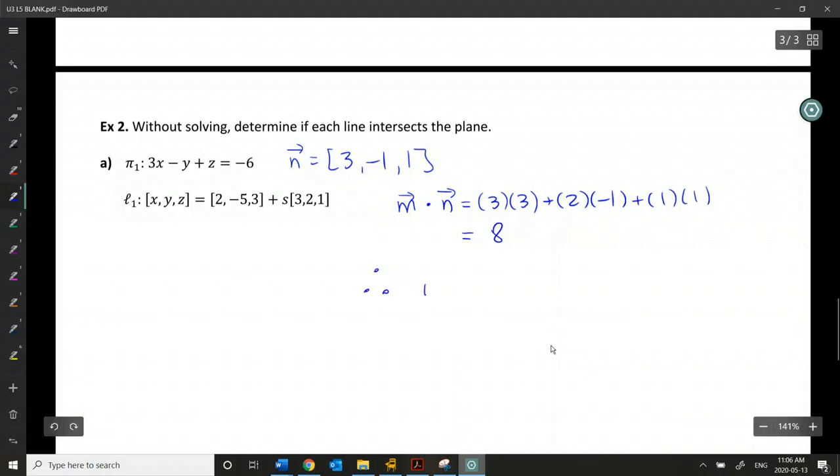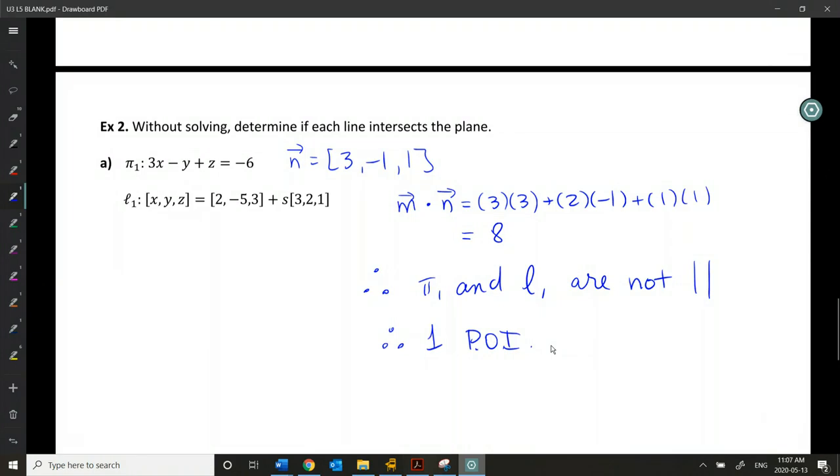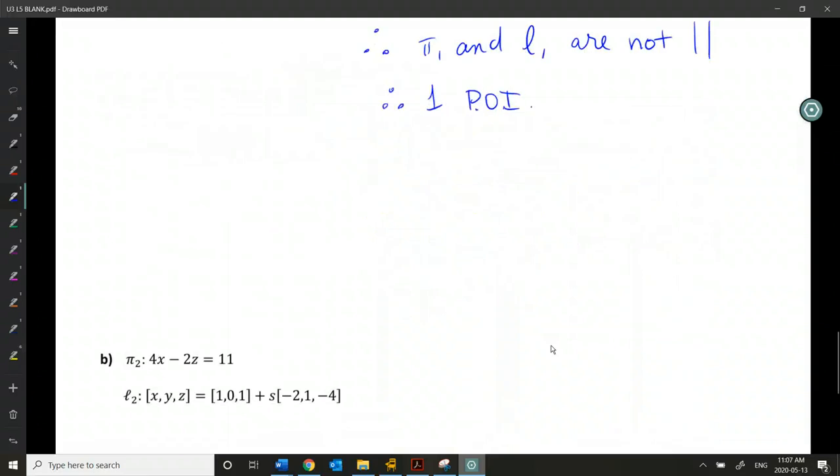So this means that the line and plane are not parallel. And that must mean that they have to intersect at least once. Okay, now of course this doesn't tell us what the point of intersection is, it just simply tells us that there is one point of intersection.